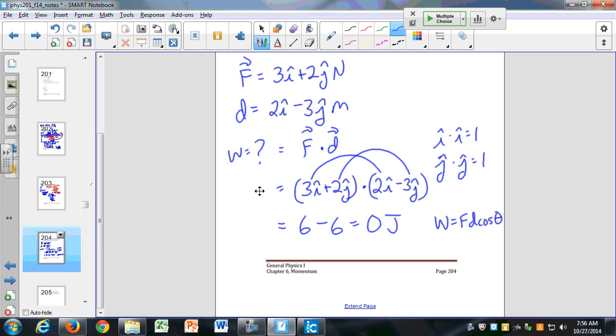So the dot product for orthogonal or perpendicular vectors is always 0. So that's why you just multiply out the like terms. Could see just a simple dot product. And hopefully that would be an easy 10 points for you.